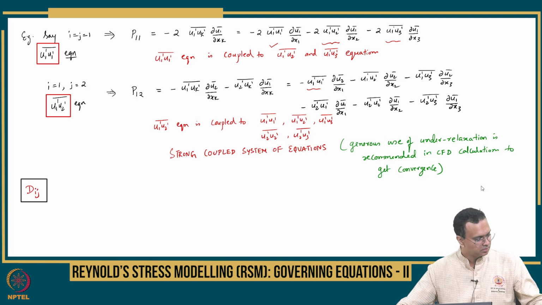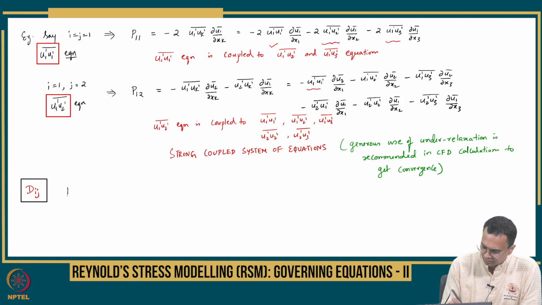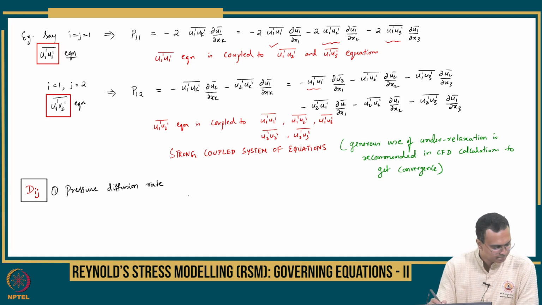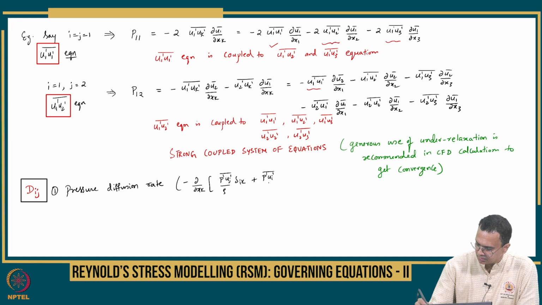So the first one is the pressure diffusion rate. This particular term is minus dou by dou xk of p prime uj prime by rho delta ik plus p prime ui prime by rho delta jk.